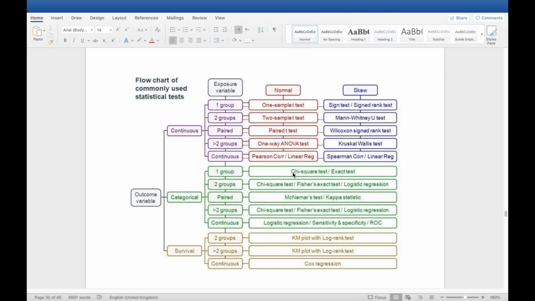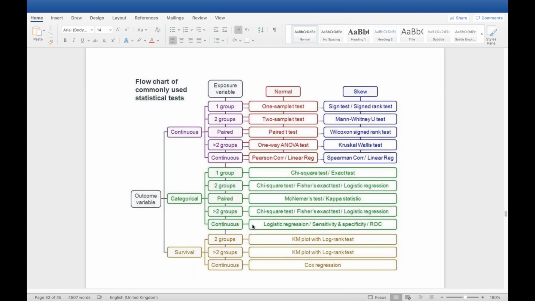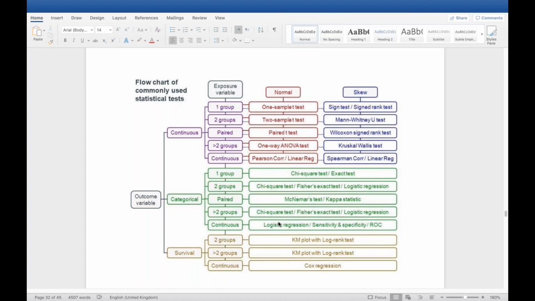Okay, I think instead of going through this flow chart, I will go through the questions, and then we'll go through the flow chart and see which one is suitable. So the important thing is the outcome data of your study. Is your outcome data continuous or categorical or survival? That's really a key.